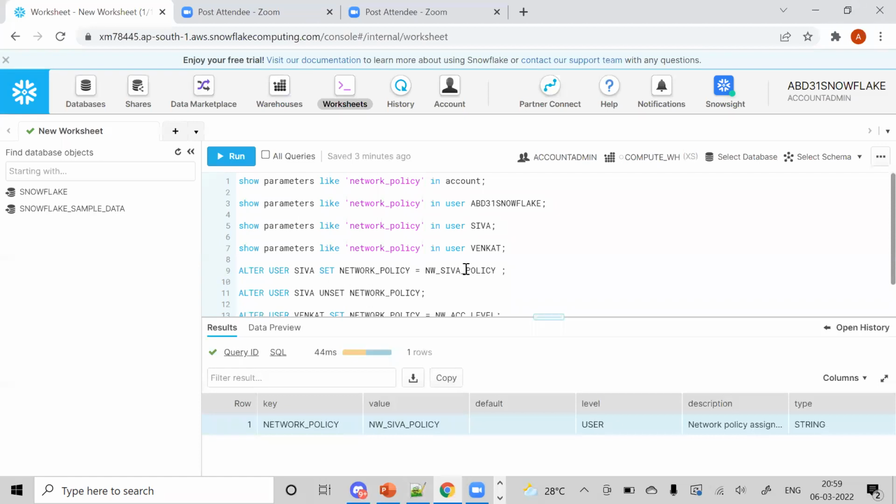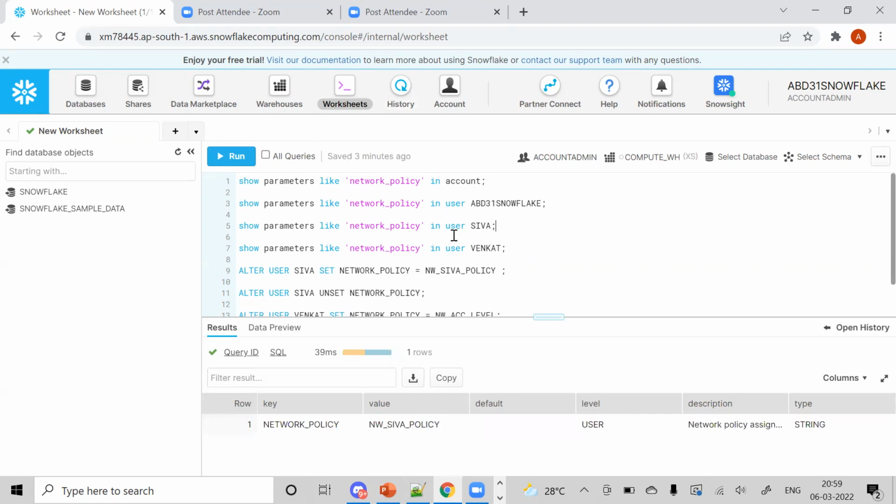Right. So if I do unset for you, I mean, if I deactivate this, okay, I have deactivated it. If I go back now and see, now you have account level set. This is your user now. And if I go and set it back again, so now you have Shiva policy.